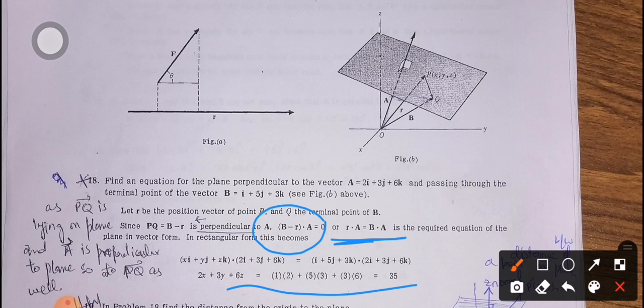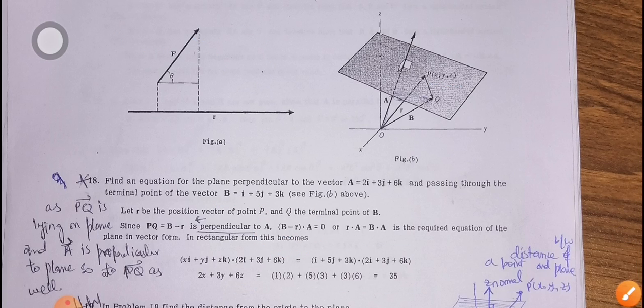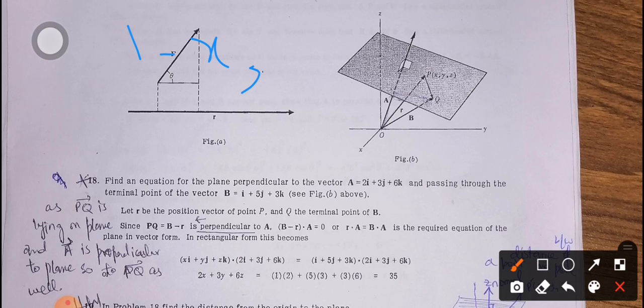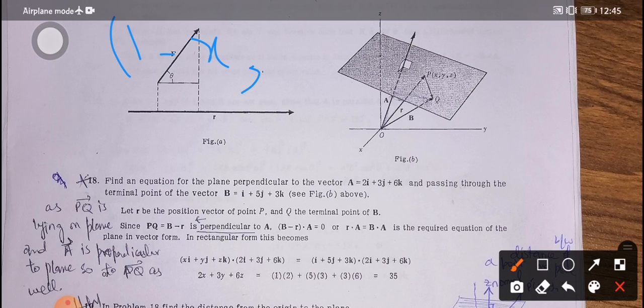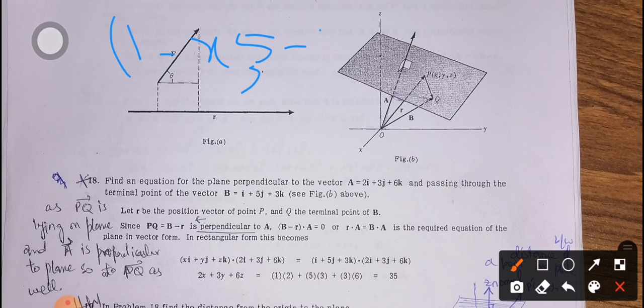Obviously, B minus R is the difference of the two vectors. The vector B is given to us, and vector R is x i cap plus y j cap plus z k cap. So B minus R will be equal to (1 minus x) i component, then (5 minus y) j component, and then (3 minus z) k component.